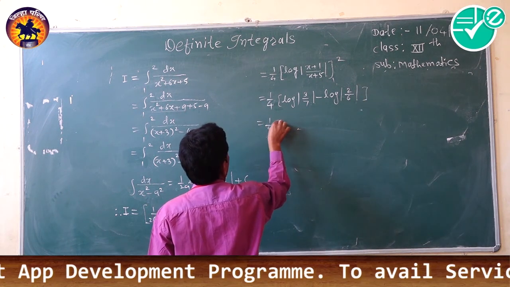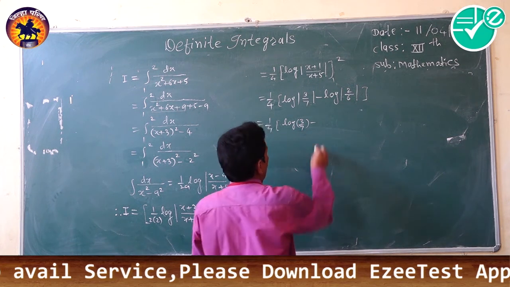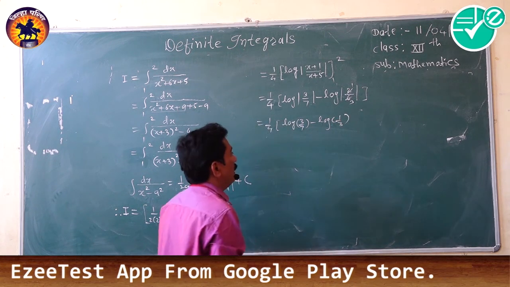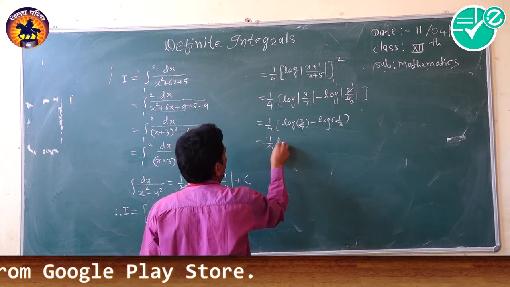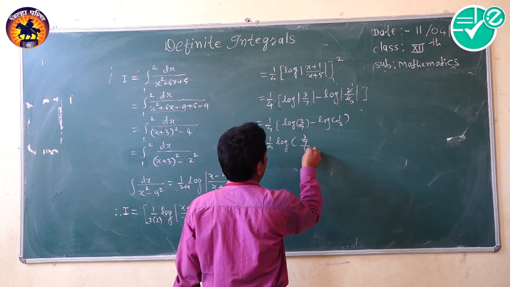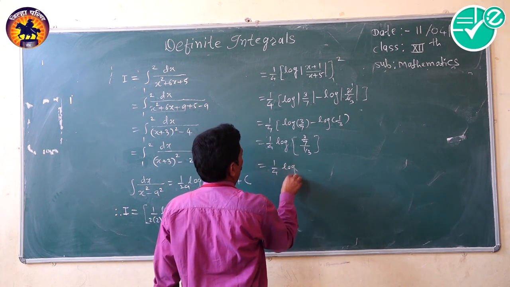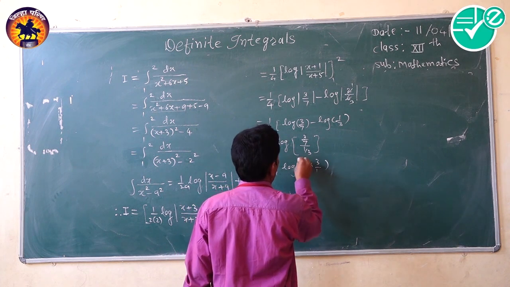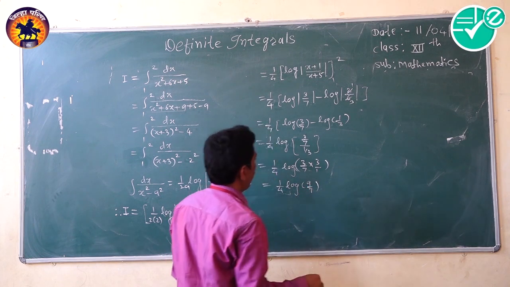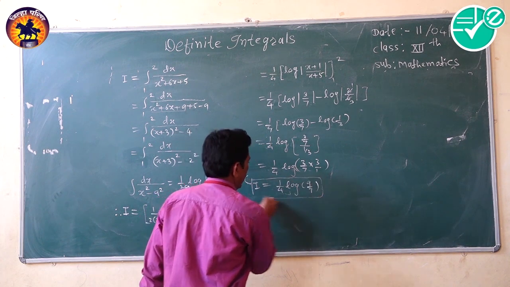This is equal to 1 by 4 into log of 3 by 7 minus log of, that is 2 1s are 2, 2 3s are 6, 1 by 3, and this is nothing but 1 by 4 log of 3 by 7 divided by 1 by 3, and this is equal to 1 by 4 log of 3 by 7 into 3 by 1, it is 1 by 4 log of 9 by 7. This is the final answer.